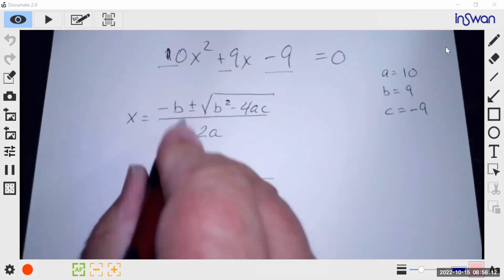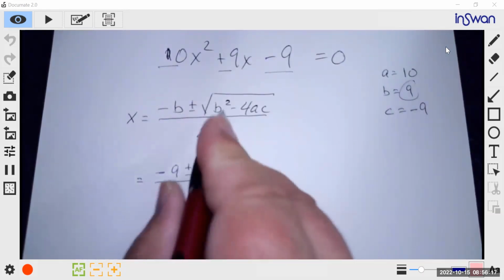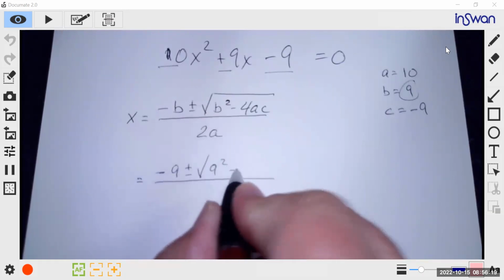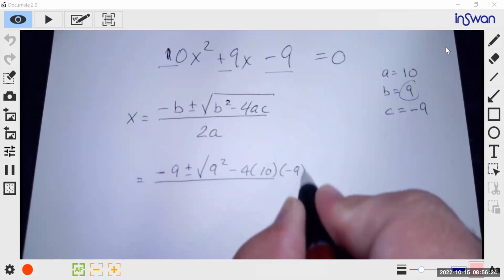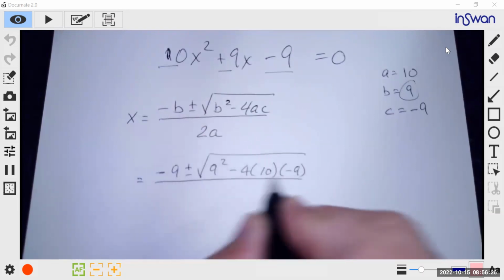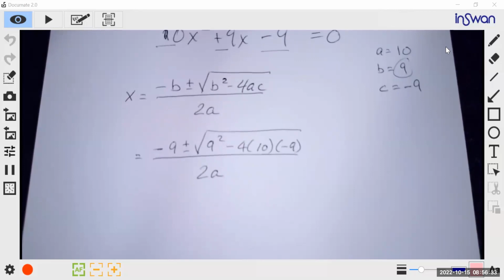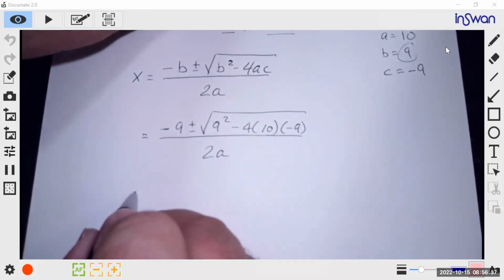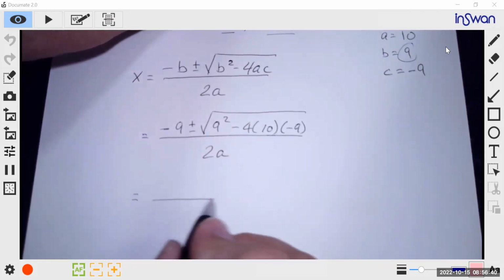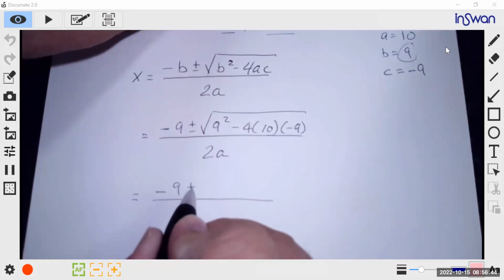So it's negative. What's B? B is 9. B, 9 squared. 4 times 10 times negative 9. So negative 9.